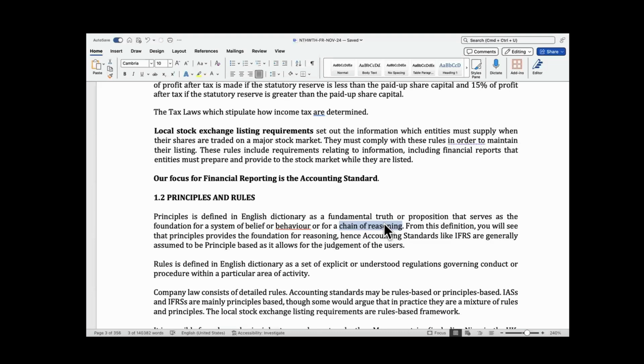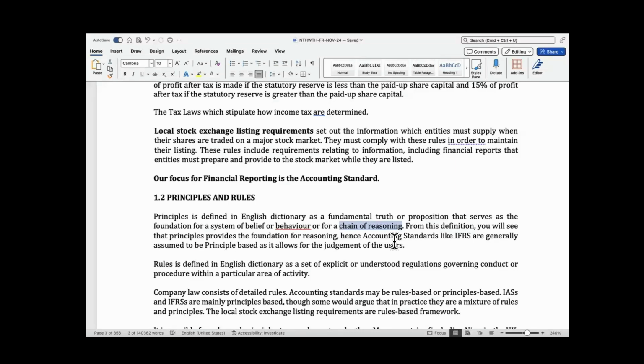And as we move along in our studies, you will understand that IFRS or IAS that we use in Nigeria is a principle-based framework. Meaning that most of the things I'll be teaching you in those IFRS is principle. They will only give you a general guide.